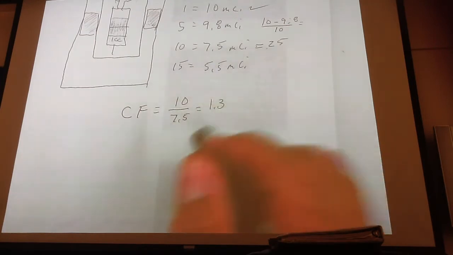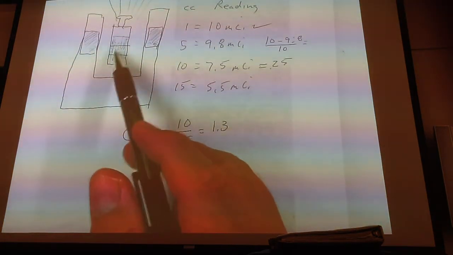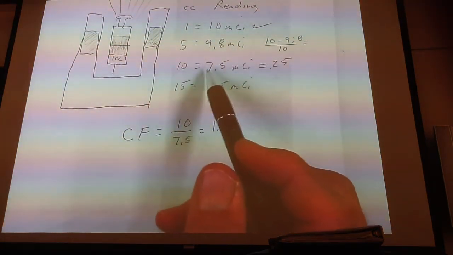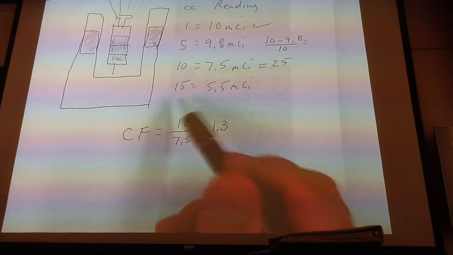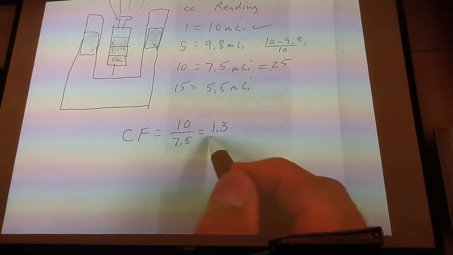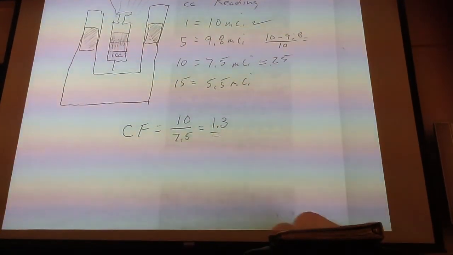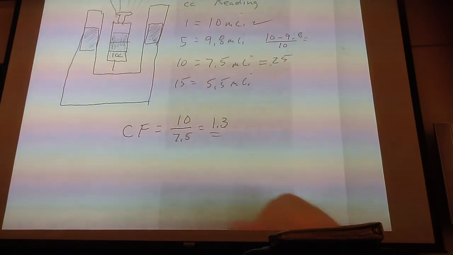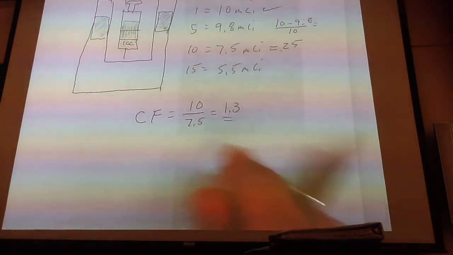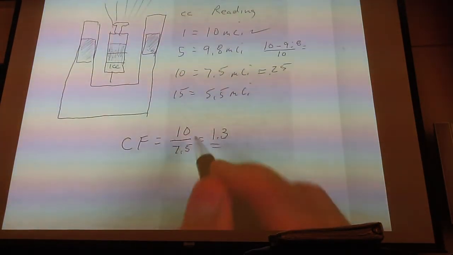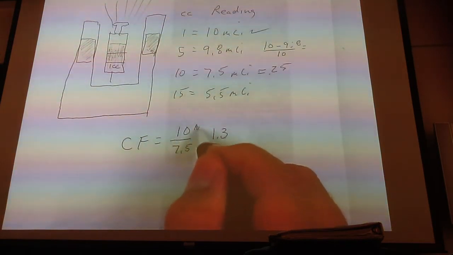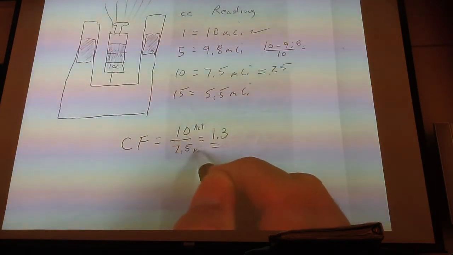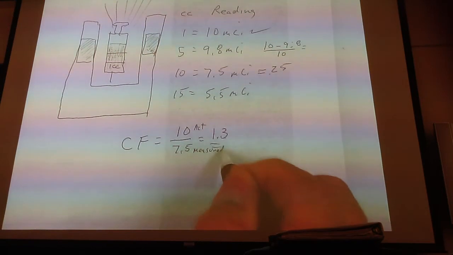That means anytime I have a syringe with 10 millicuries in it, whatever that activity is, I have to multiply it by 1.3. Does that make sense? So it's expected over actual? Yeah, expected over measured. That's the quick and dirty way to do it.